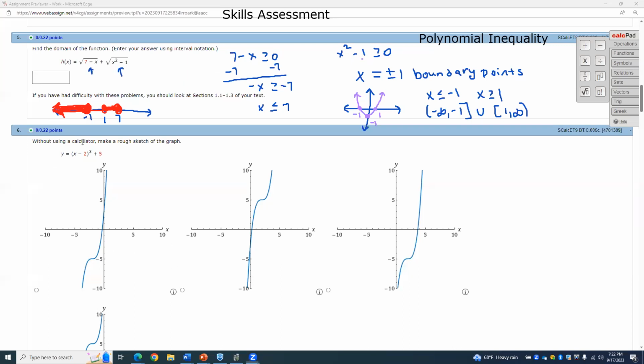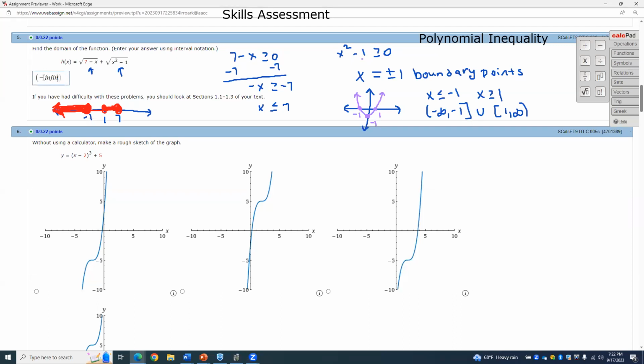Okay, so what does that mean? We're going to put it all together. We're going to go from negative infinity, if I can spell infinity correctly. Yes. If you type the word infinity, it's sometimes helpful. It's up to you. Without having to click the calc pad, you can get infinity there, but it's up to you.